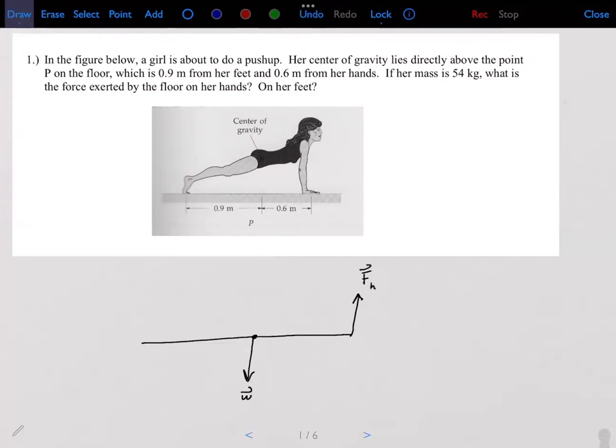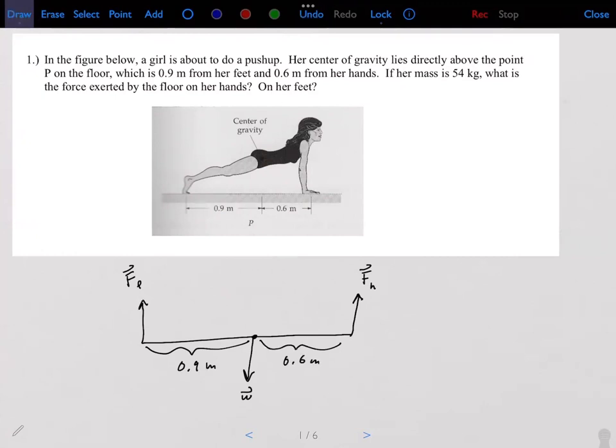And then the force acting on her feet, I'll call F_F, so force on feet, and that's really a vector. And we know this distance right here is 0.9 meters, and then this distance is 0.6 meters.